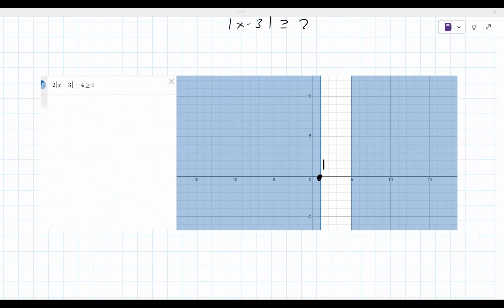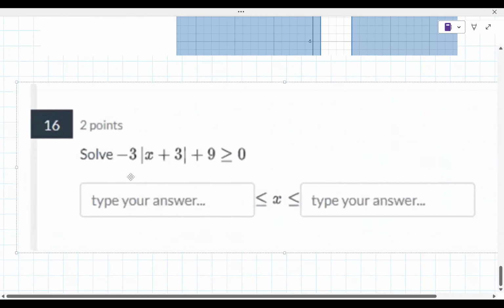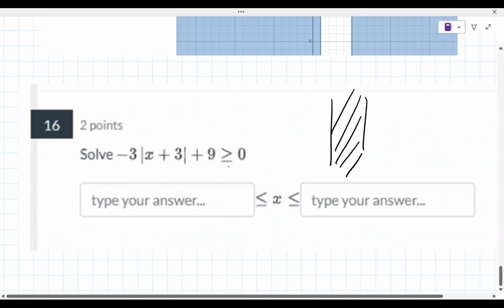Why don't you try 16 on your own, going to Desmos and graphing that as best you can, and I will confirm your answer. Just enter it exactly the way you see here. And what you should see is it's shaded between two numbers. Okay. Let me put that in.